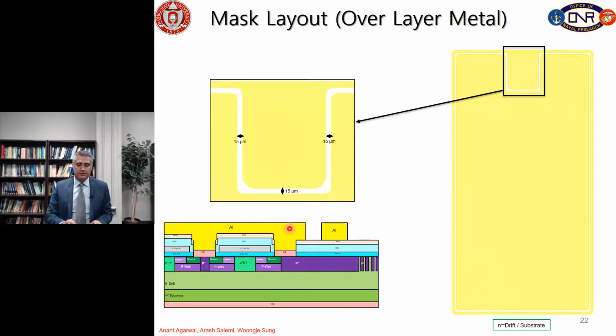So here is aluminum over the gate and nickel, and here is the aluminum in the periphery for the gate runners, where we actually etch the oxide and reach the gate poly, and then we have the aluminum.